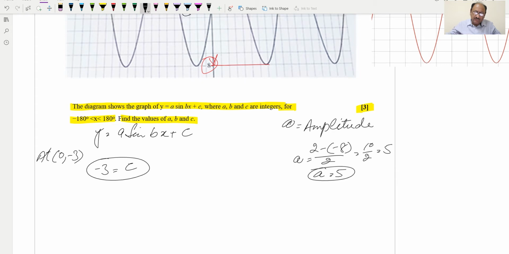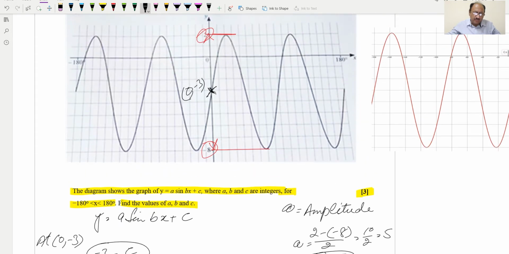Now we require the b value as well. For the b value, we can check from -180 to 180, which is this range. How many complete waves are there? We can count 1, then 2, then 3 up to this one, and 4 up to this one.